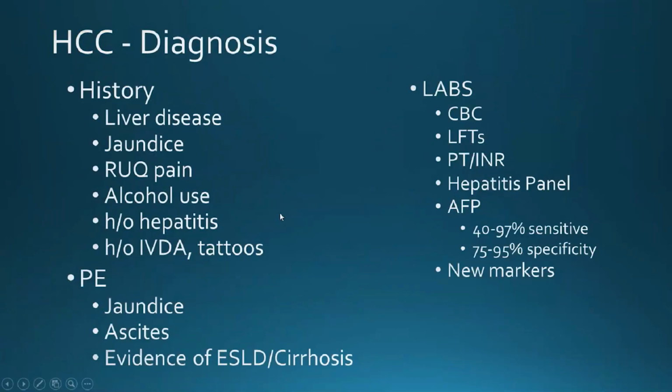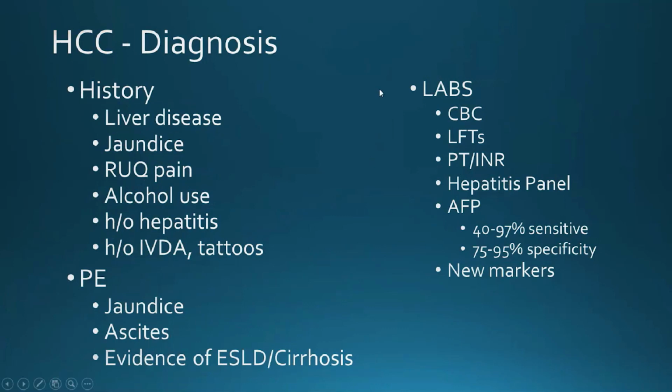To diagnose hepatocellular carcinoma, if a patient comes in, of course, it's just like any other disease. We follow the history of the patient: if there is any liver disease, history of jaundice and alcohol use, history of hepatitis or IV drug abuse or things like that to indicate risk factors for hepatitis B and C. And then physical exam, we definitely would like to look at if the patient is jaundiced, has ascites, or evidence of end-stage liver disease or cirrhosis is present in these patients.